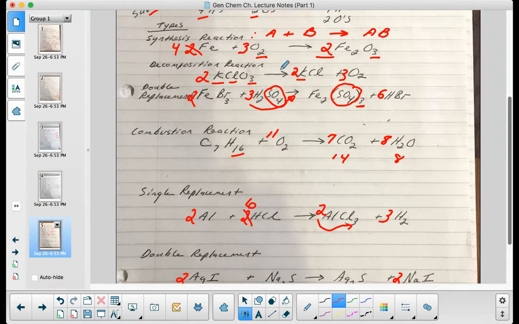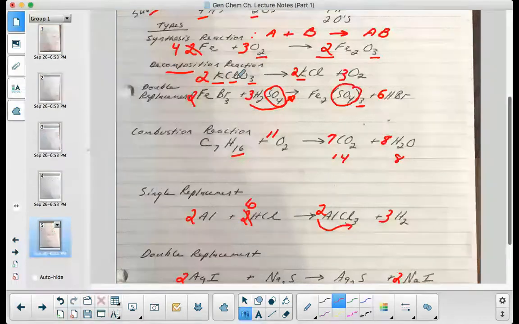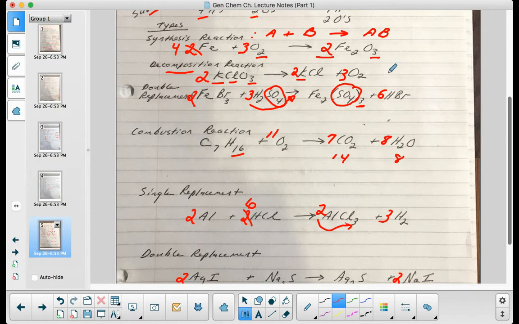And then a decomposition, this one, the potassium chlorate, is a decomposition reaction. And this is a scenario where you have a single component breaking down into 2. So you have an AB breaking down into A plus B. And then this one's considered a double replacement reaction.